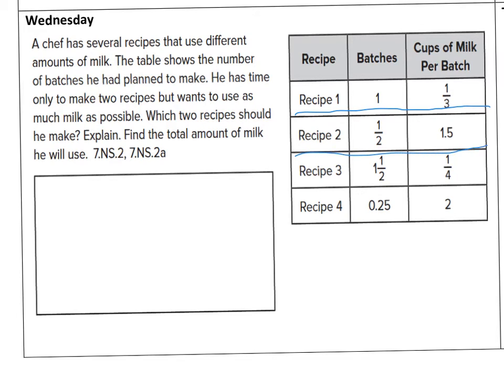Recipe 2, we have 1/2 batch and using 1.5 cups of milk. Recipe 3, we have 1 1/2 batches, and you'll use 1/4 cup of milk. And recipe 4, you have 0.25 batches, and that would be using 2 cups of milk. Now go ahead and take a moment to answer your question and make sure you read through all the explanations.